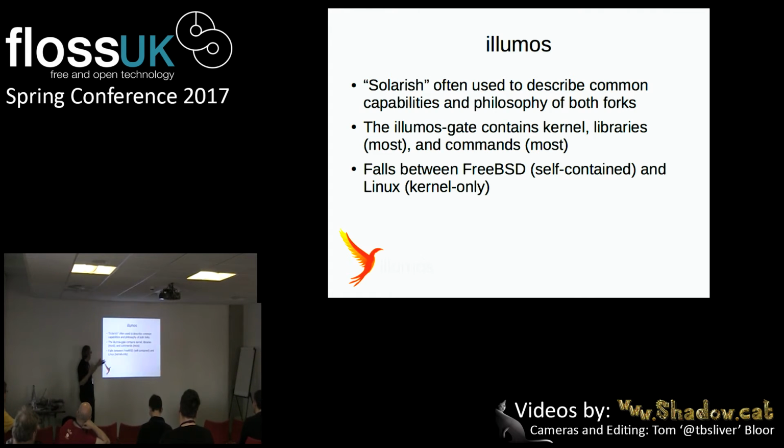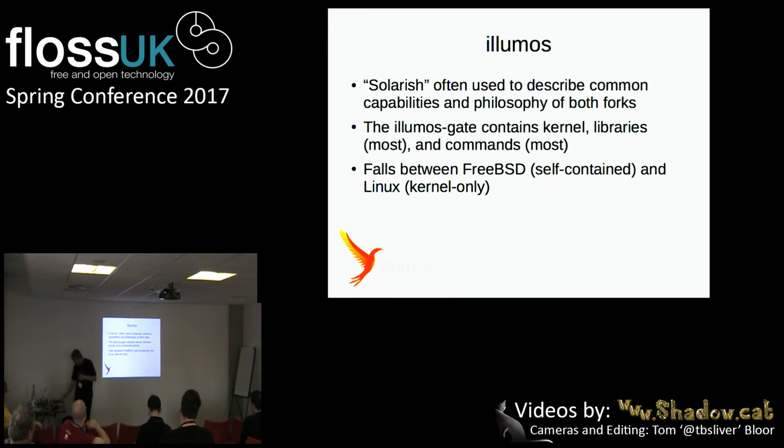In terms of the way that it's structured, it's somewhere in between the way that Linux is built and the way that FreeBSD is built. Linux is a kernel, and a Linux distribution is that plus a whole bunch of stuff on top. Whereas FreeBSD is essentially completely self-contained.